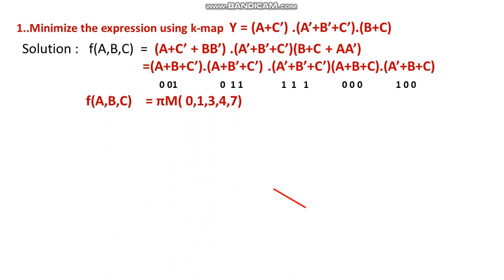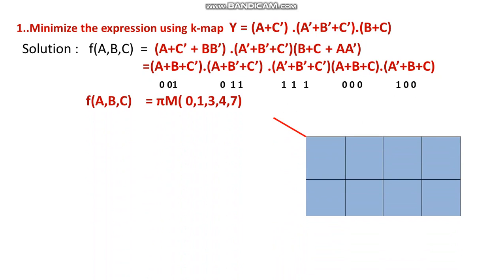Okay, so here, since we have three variables, I will plot an 8 cell K map. Okay, right. So the same way I'll take A, B, C here. So 0, 1, 0, 0, 0, 1, 1, 1, 1, 0, right? So this is a POS expression. In POS expression, 0 means complemented, 1 means uncomplemented, right?